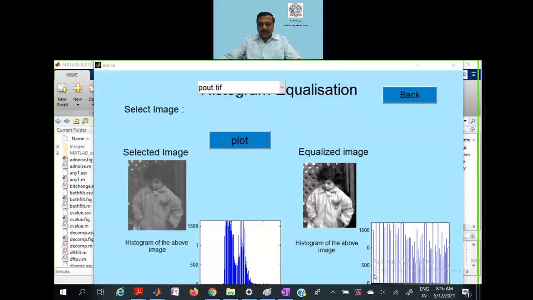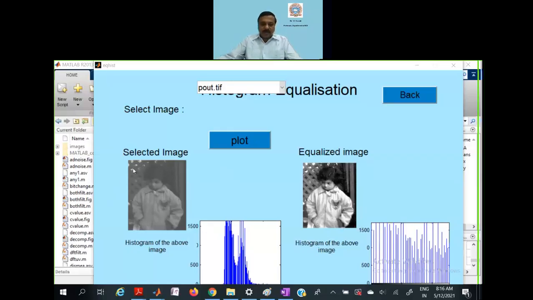Now, if I have something like this, observe this histogram from 0 to 255. You can observe that almost all the pixel values are there. I have all the values. So the corresponding image is seen here. All of you will agree with me that the right side image is much better than the left side image.